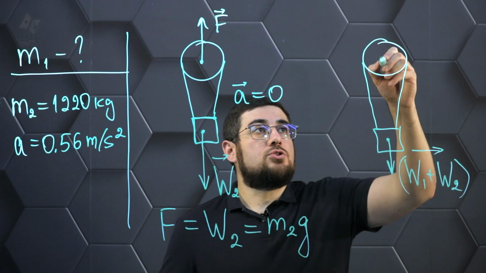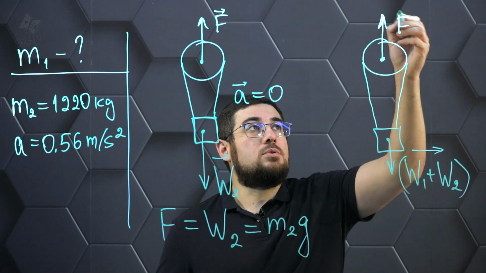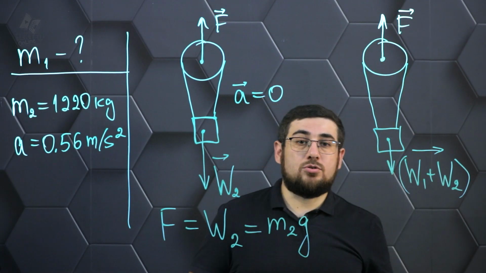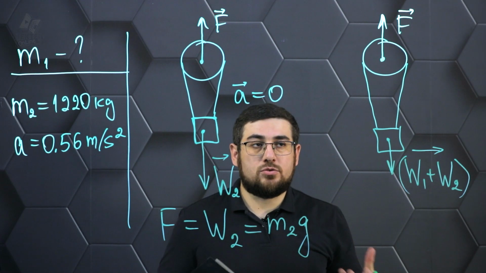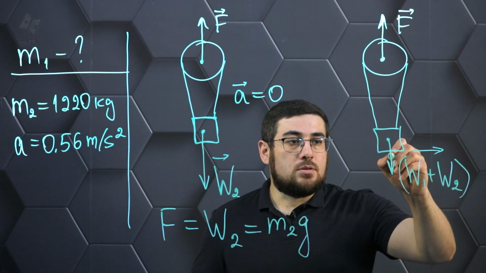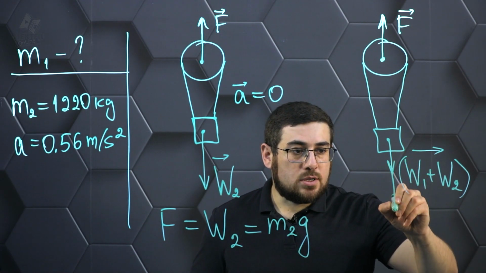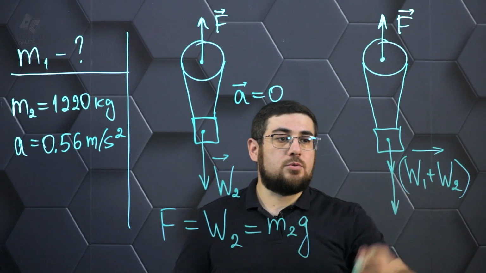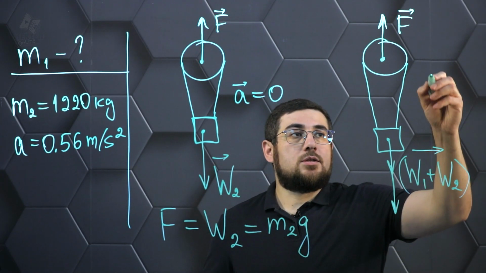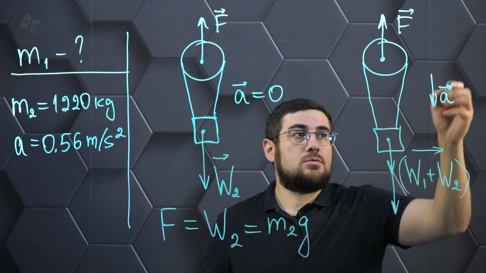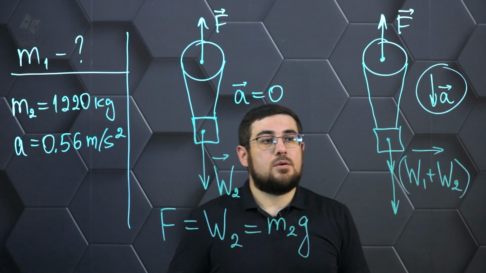And here we still have the same lifting force because nothing has changed for the balloon as a whole in terms of interaction with the air. Let us make this vector a little bit bigger, even add one more vector, taking into account that now there are two gravity forces of two objects. And there's a certain acceleration that's going downwards in this situation.